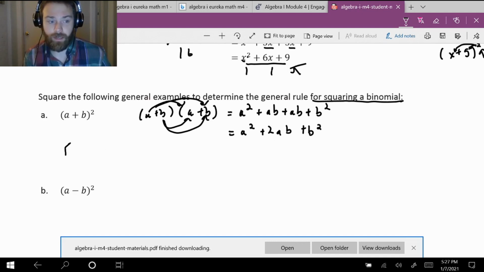As an example, I don't even have to FOIL or distribute it out if I know that identity. My a term is 3x, my b term is 5. So I can write this out with a squared plus 2ab plus b squared. 3x times 3x is 9x squared.